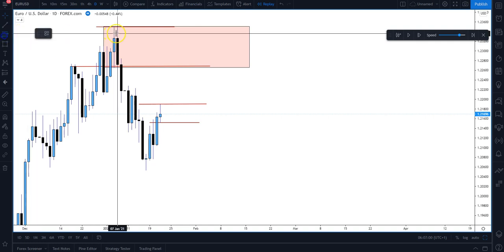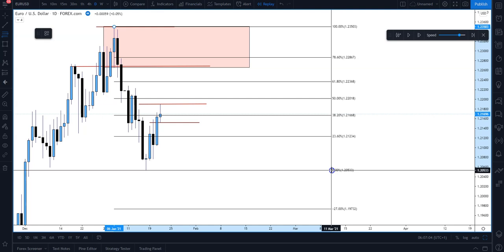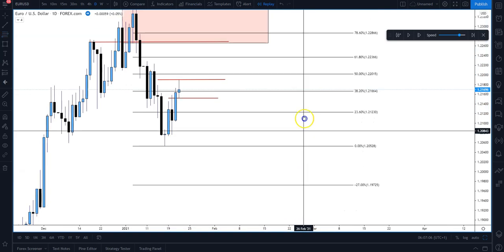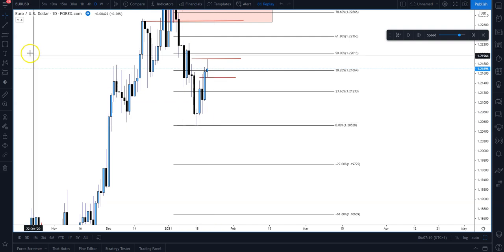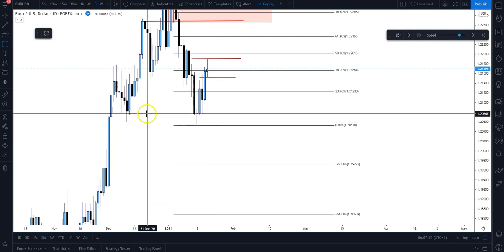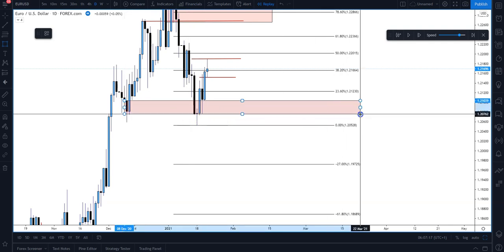So now, two things could happen here. I can aim for down here for a take profit, or I can aim for the previous order block zone.